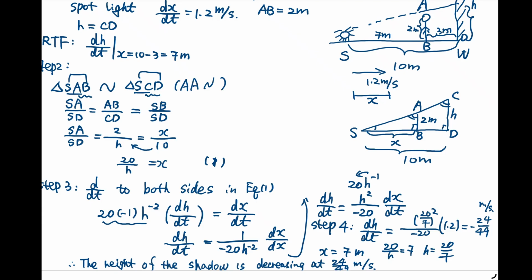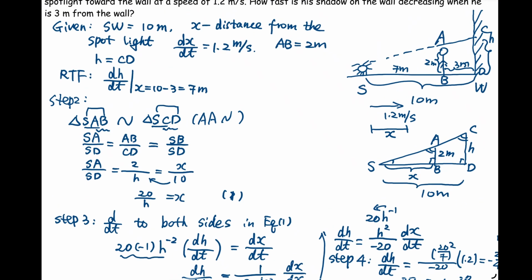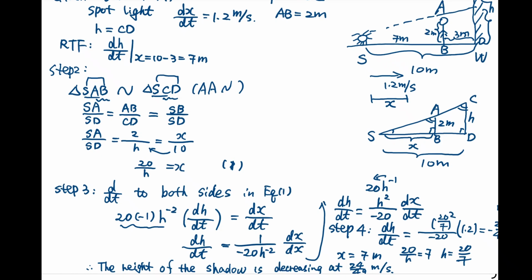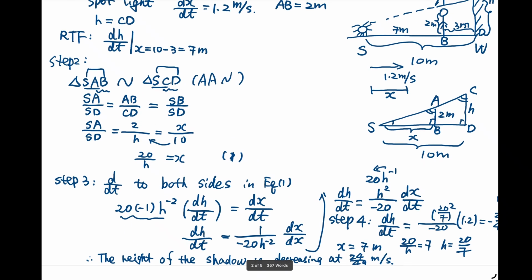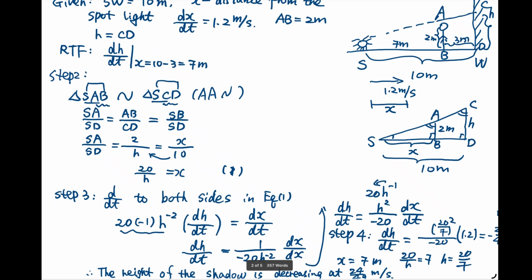And what we have done is related rates. Step 1 is draw the diagram, finding the given information. Then step 2, set up an equation, connecting the variables together. You have dh dt given dx dt, so we want to connect h and x together.